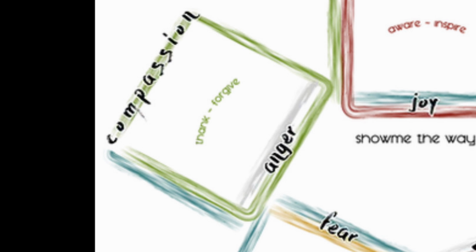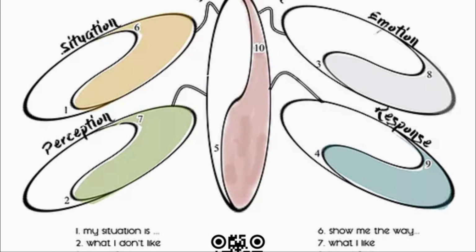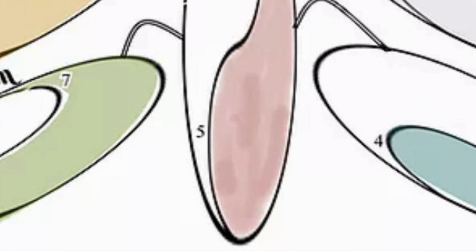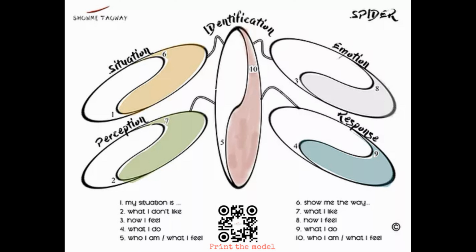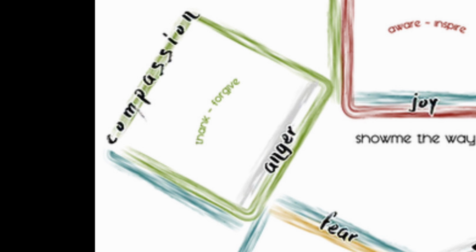If we think about the spider model, the wood element represents number 5 of the spider model, the half empty, all the places of frustration, all the places of anger, places of stagnation, feeling stuck, places that are asking to get regulated and balanced by the process of the wood element.